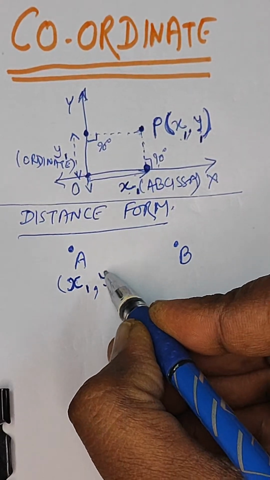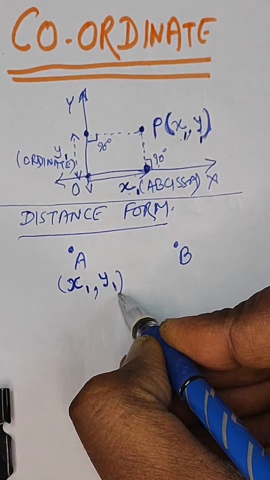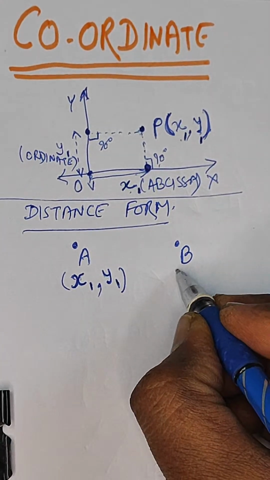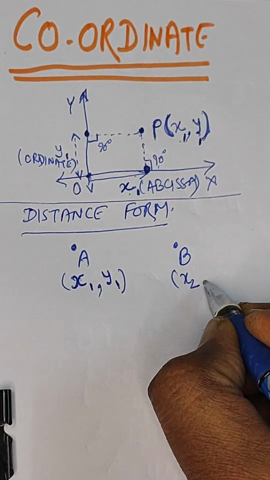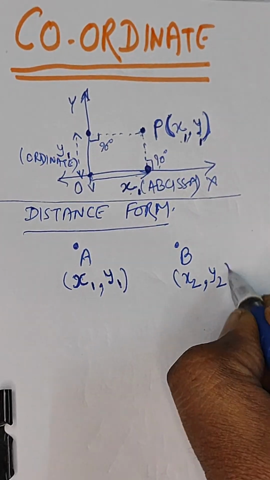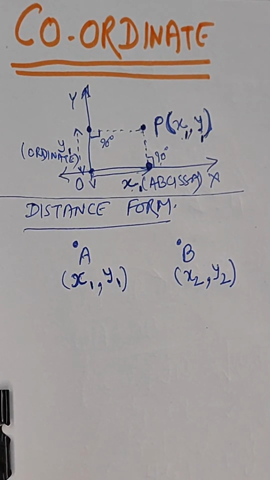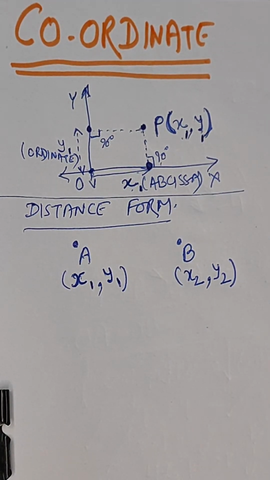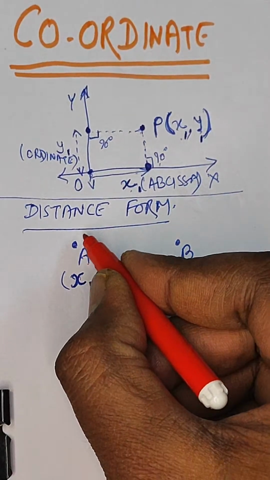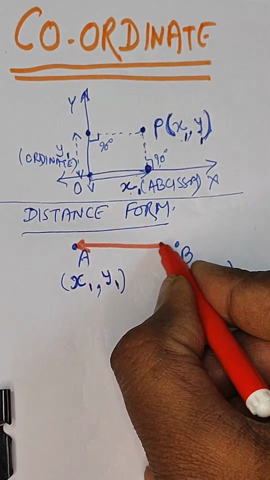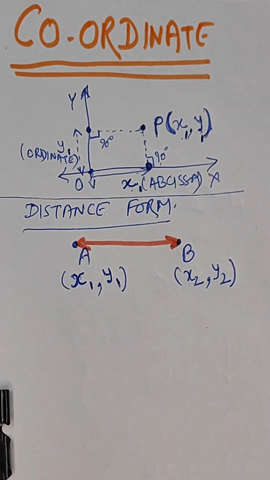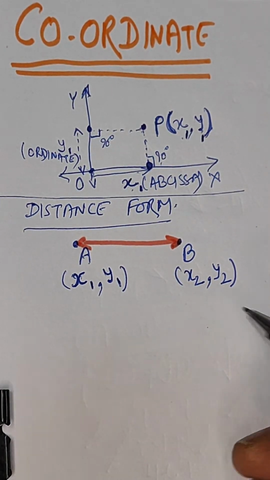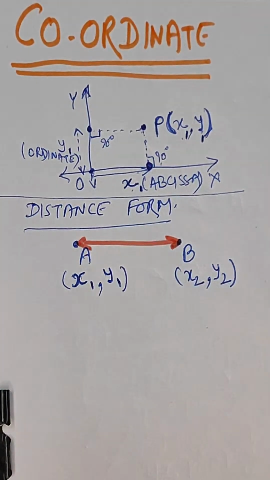Both of these are called coordinates. If x1 and y1 are the coordinates of A, and similarly x2 and y2 are the coordinates of B, then the distance between these two points A and B can be calculated very easily by using a formula, called the distance formula.